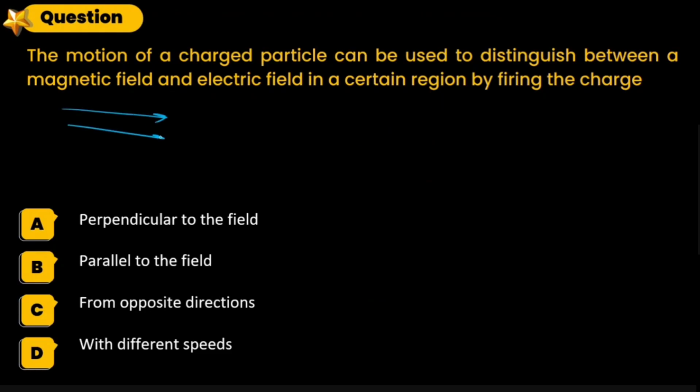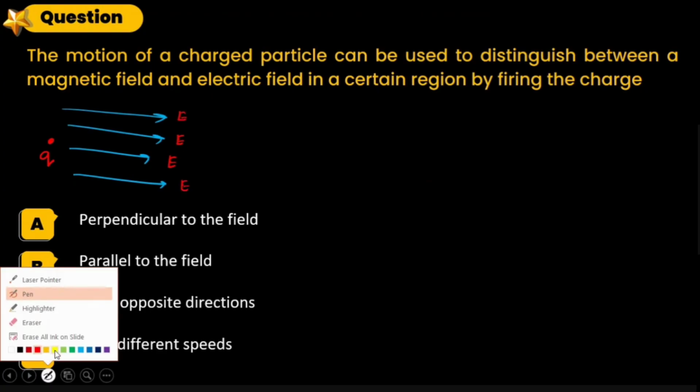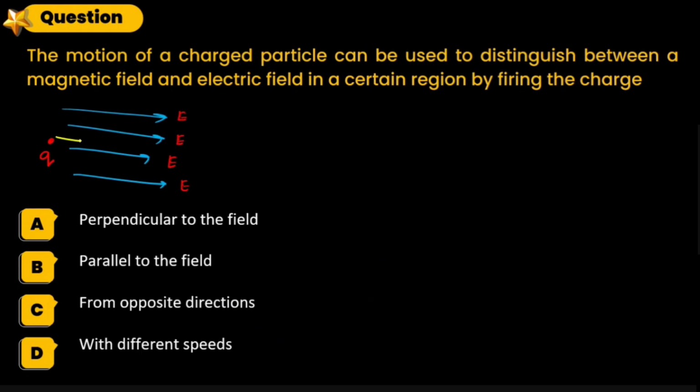Suppose this is an electric field, and in this electric field, I put a charged particle here. What we know about this is that when we put a charged particle in the electric field, if it is positive, it will move along the direction of electric field. If it is negative, it will move in the opposite direction of the electric field. This is something which we already know, right?